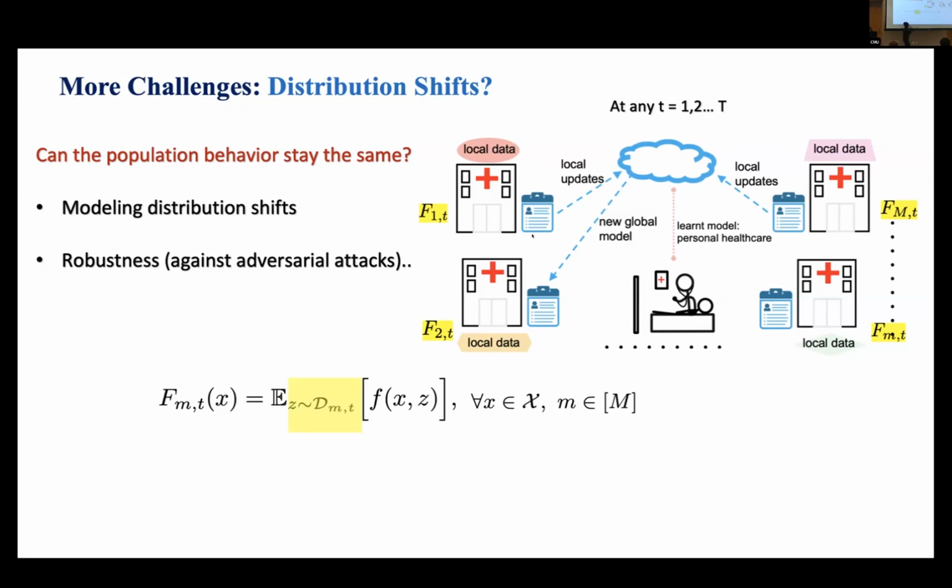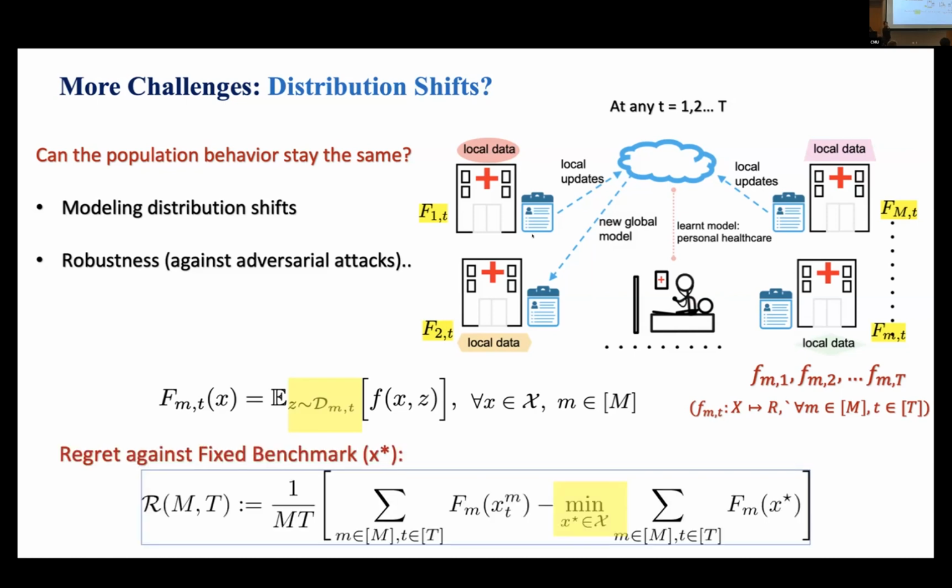It's almost as if I'm assuming that the distribution is changing for every machine and every user. So every local machine m is dealing with a sequence of arbitrary functions f_{m,1}, f_{m,2}, ..., f_{m,t}, because the distribution can be very different.